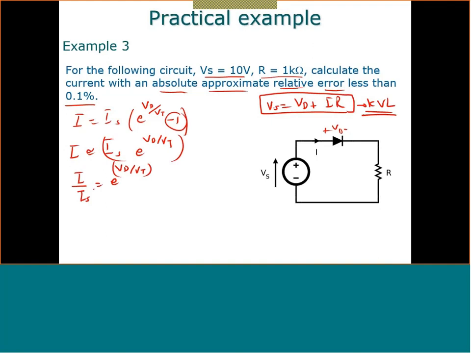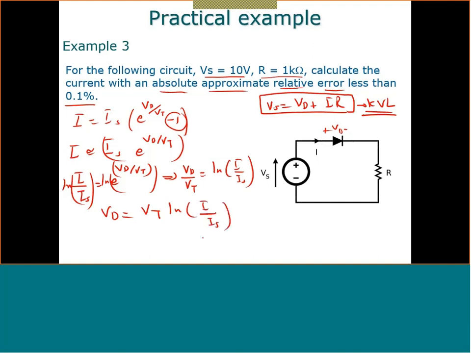I will take ln from both sides. Then I will have Vd over Vt equal to ln of I over Is. I'm just establishing the equation. So your Vd here is equal to Vt times ln of I over Is.